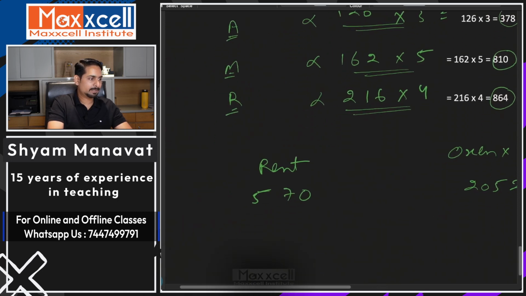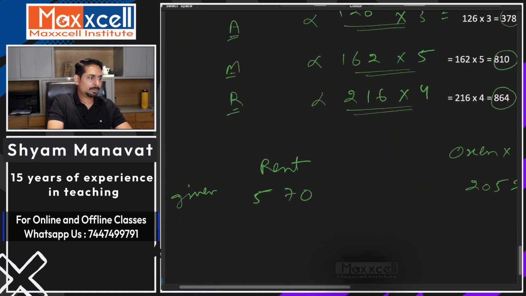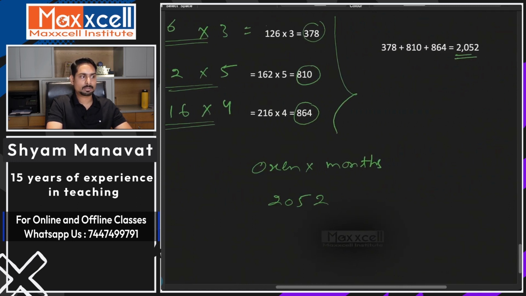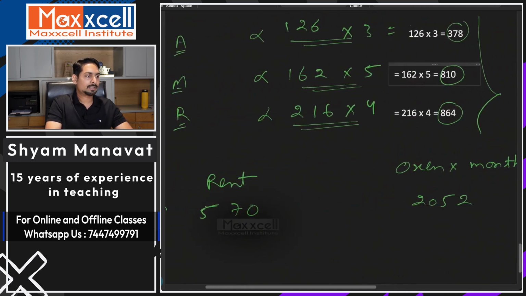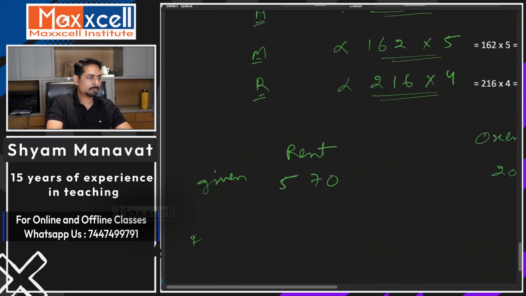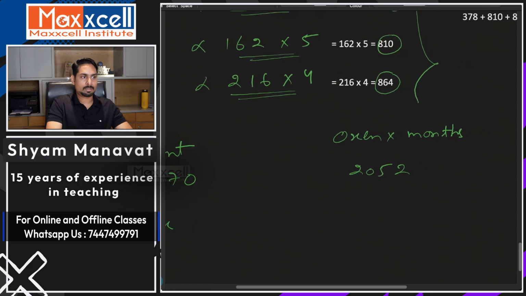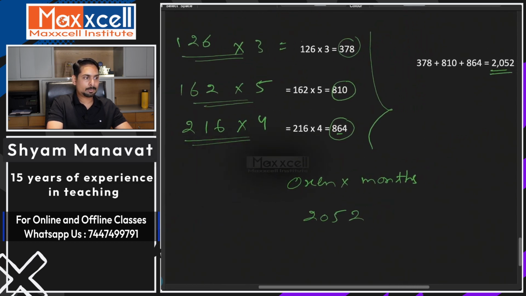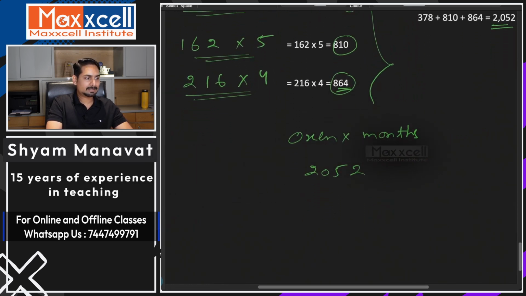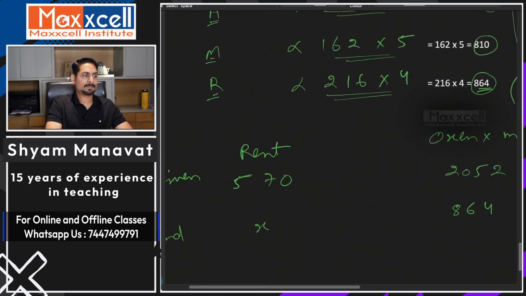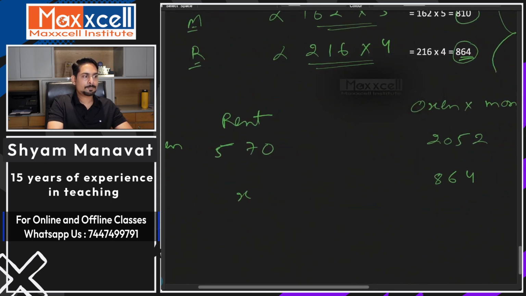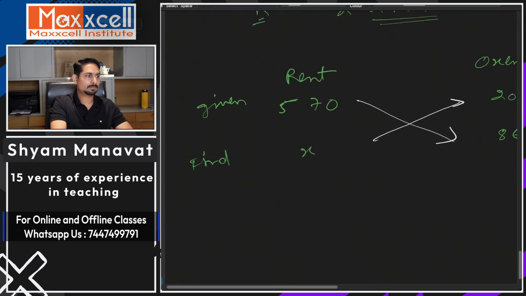Now what you need to find, because total rent is given, that's why I am calculating the sum of product of oxen into months for all of them. Now the question said find for whom? Ramesh. Now Ramesh's rent share we need to find out. For Ramesh, what is the product of oxen into months? 864. What do you do now? They are directly proportional, so the cross product should be equal, right?